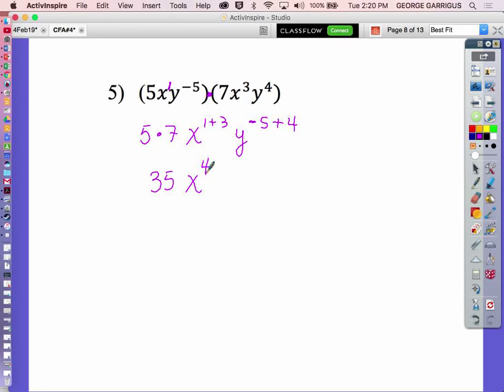Negative 5 plus 4 is negative 1. This was a correct answer, or because it's y to the negative 1, you can move it to the denominator and make a positive 1. You end up with 35 x to the 4th over y.